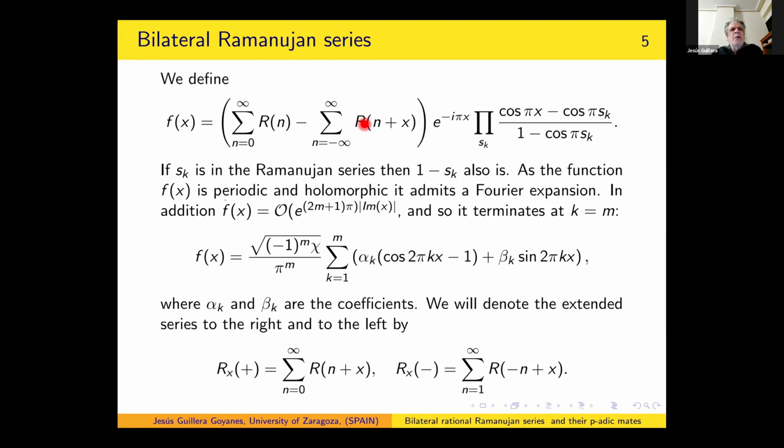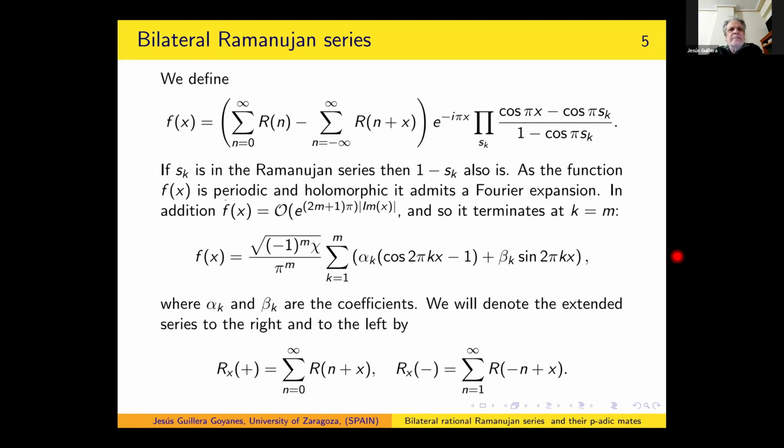Because the bilateral is periodic, but has poles, and this other factor cancels the poles of the bilateral series. And in addition, due to the fact that if s sub k is in the Ramanujan series, 1 minus s sub k also is, this other factor is also periodic.